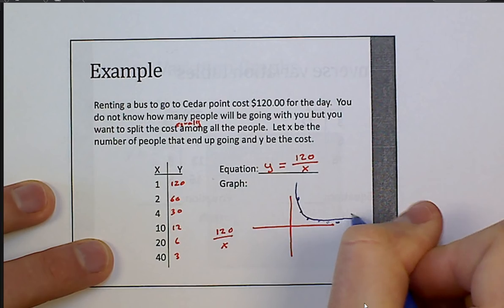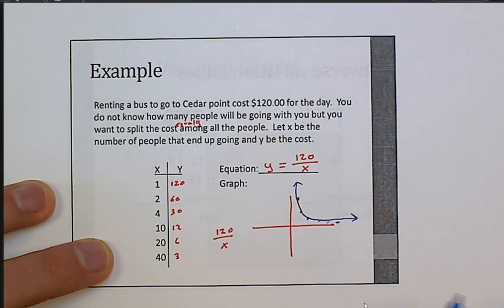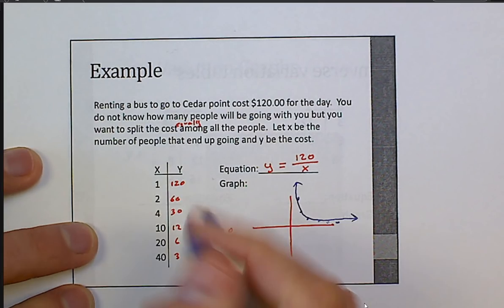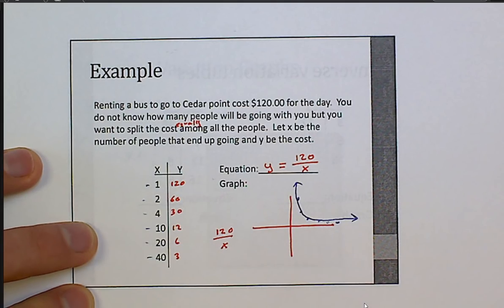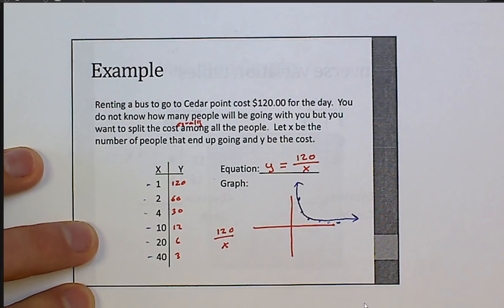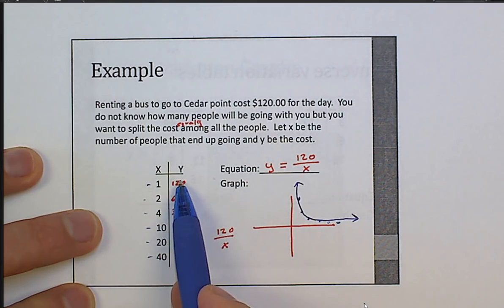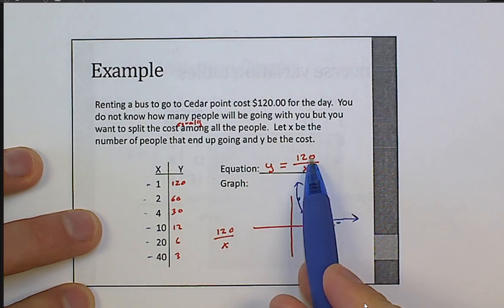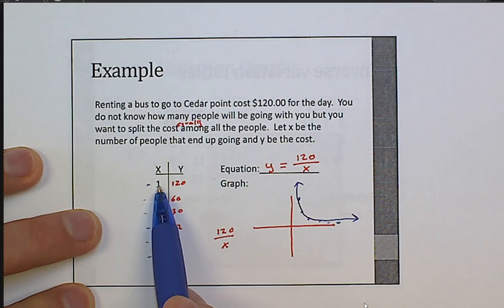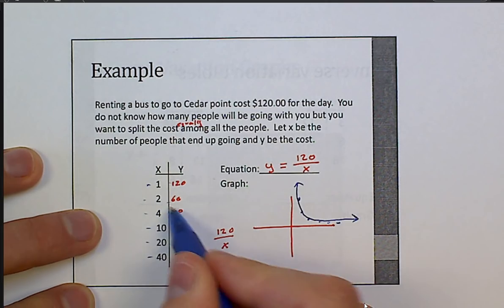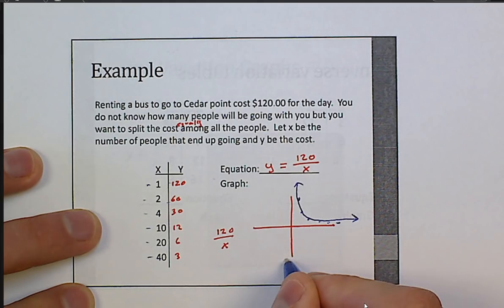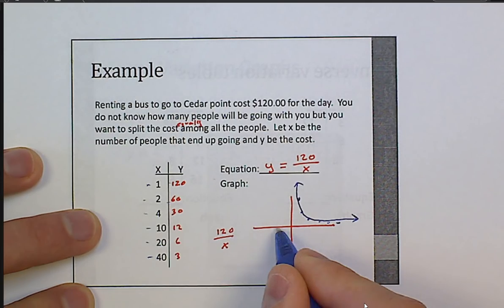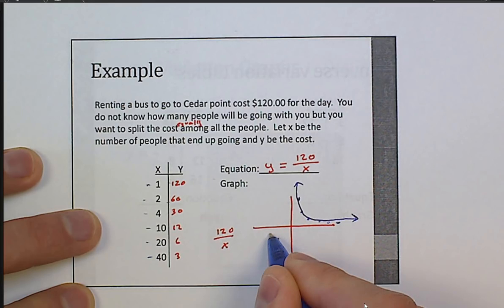But what I also want you to understand is if I put a negative in front of all of these numbers, which I could, right? When you make a T-chart, it can be positive or negative numbers that you pick. What's going to happen to all your resulting y values? 120 divided by -1 would be -120, so all these would become negative. So we would get something like this: -1, -120, -2, -60. Again, I'm just estimating, but we'd get something that looks like this.